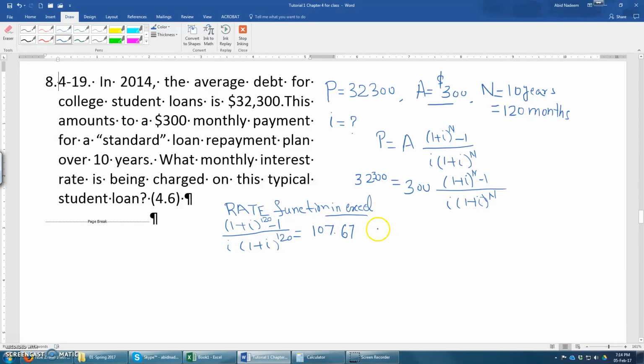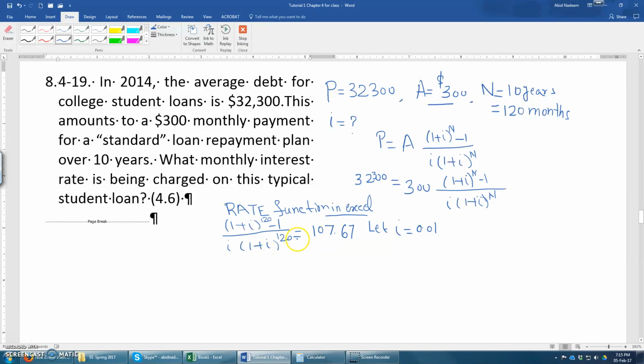For example, let's take i equal to 1%, or 0.01. We need to put this value of 0.01 over here and then calculate it.